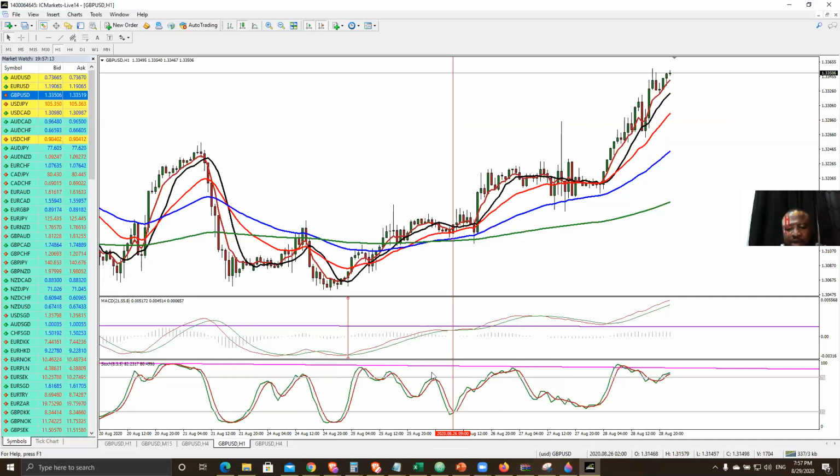I'm going to be getting close to it when my stochastic, not on this cross, because this is a very fast stochastic, right? This cross is the same one that confirms this cross up. So I've seen the confirmation that things want to go up. Now I need to get close to the target to execute the trade.